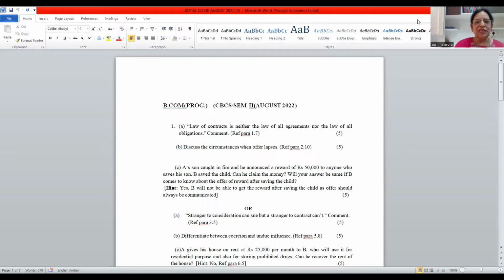As far as syllabus is concerned, for BCom program and for honors, the syllabus is the same. Till last year, this paper was in second semester. And now, as per NEP, this paper has been introduced in the first semester.